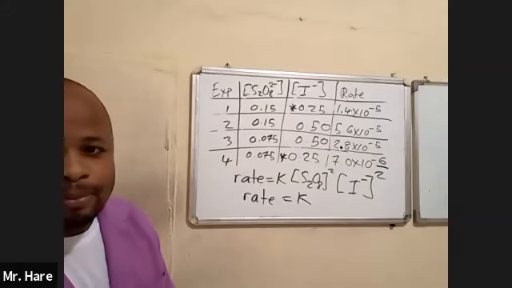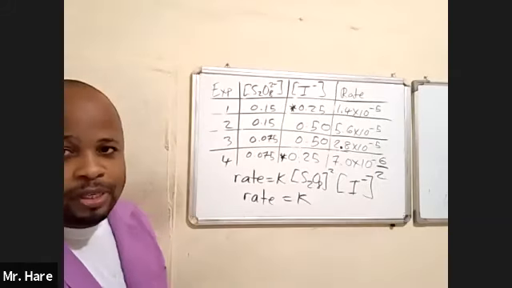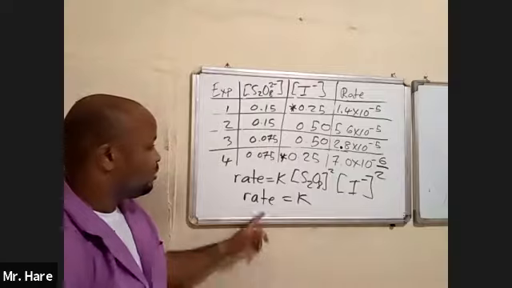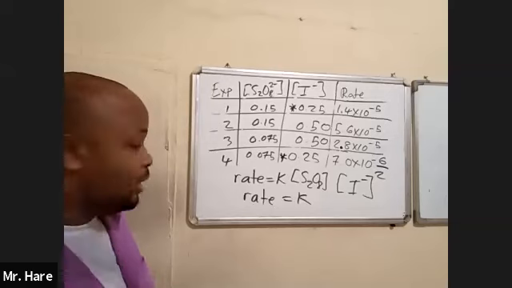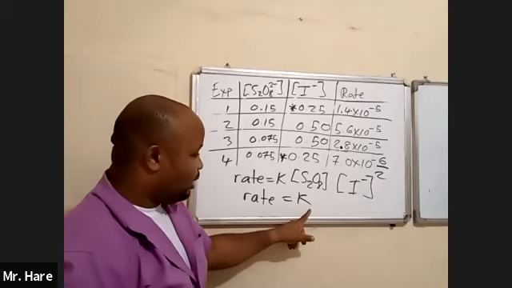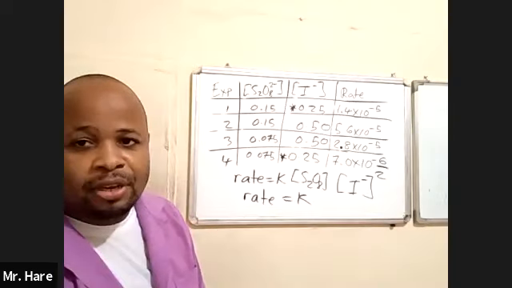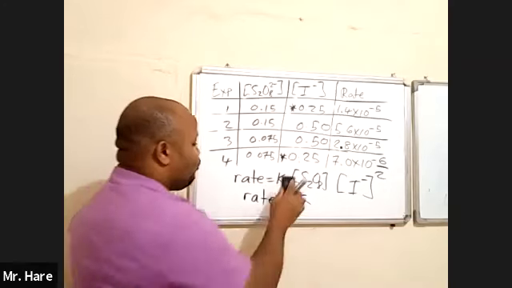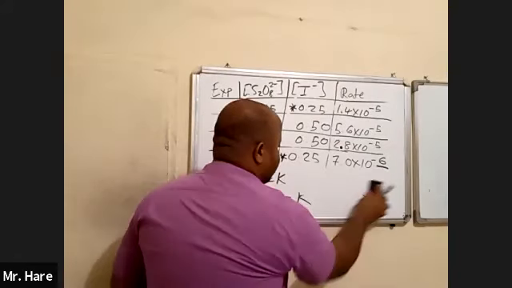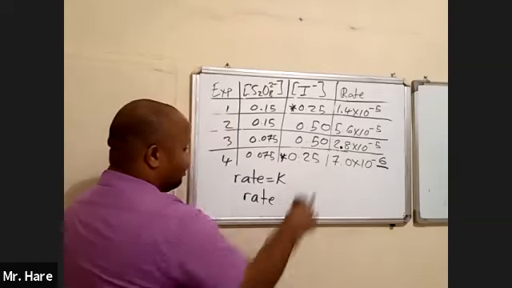If you're confused, you can ask the question now. When you were writing the first rate equation, I was not seeing the screen. Could you please go over how you did it? All right, so the rate equation is rate is equal to k times the concentration. I'm going to put the general one on the board.